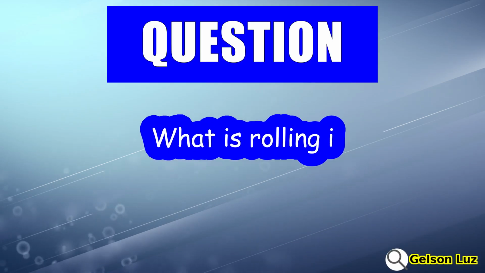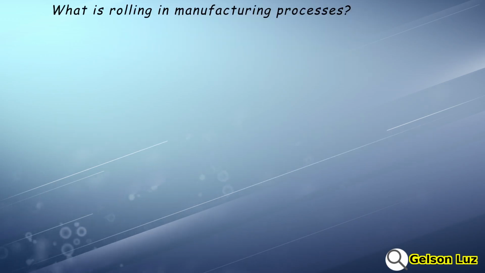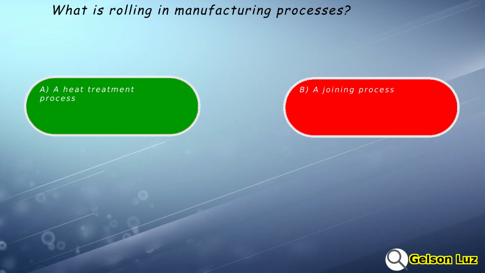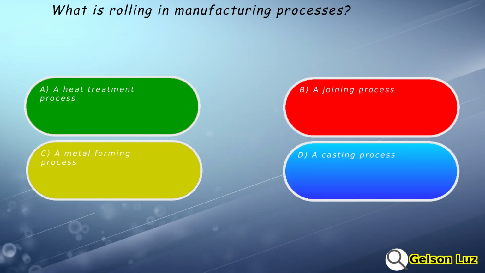What is rolling in manufacturing processes? A. A heat treatment process. B. A joining process. C. A metal forming process. D. A casting process.